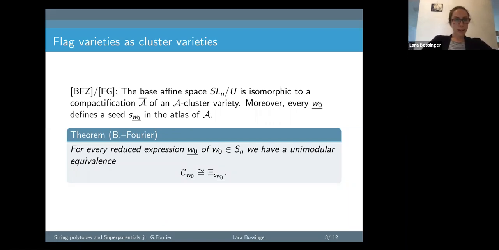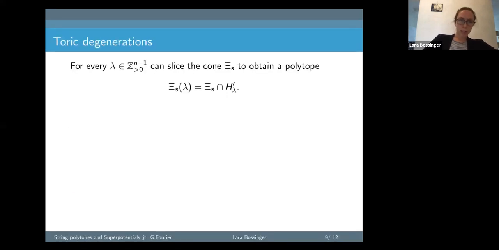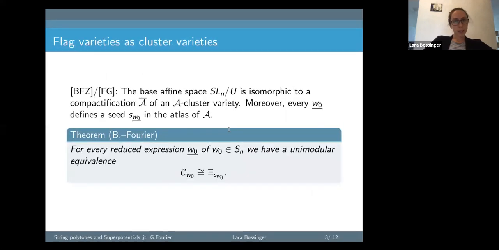So far, this is not yet where we want to go, because it's just talking about toric degenerations of the base affine space, but we would rather want toric degenerations of the flag variety itself. But that's also possible, because the base affine space is the universal torsor of the flag variety itself.